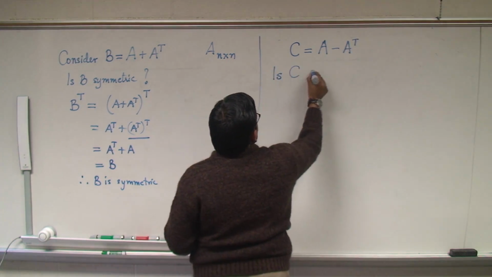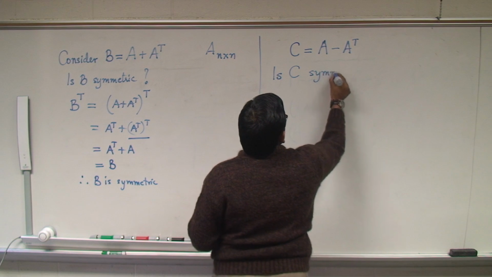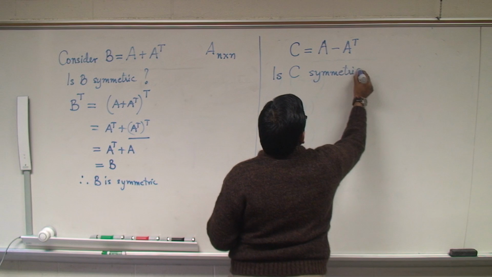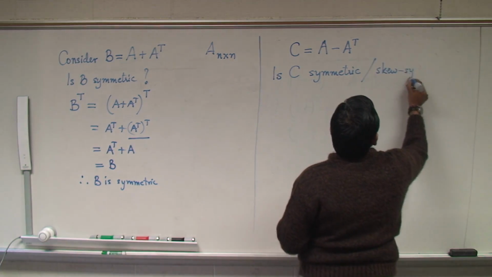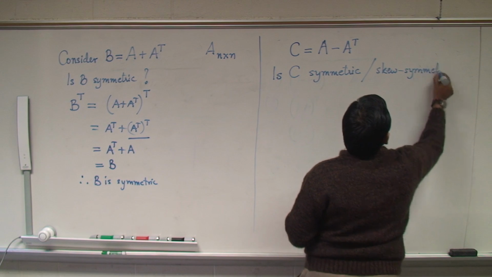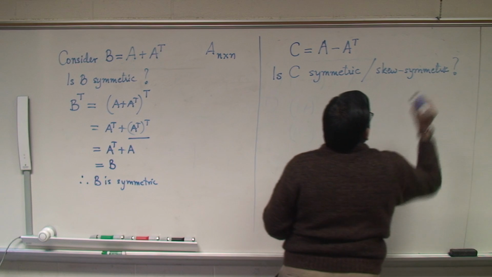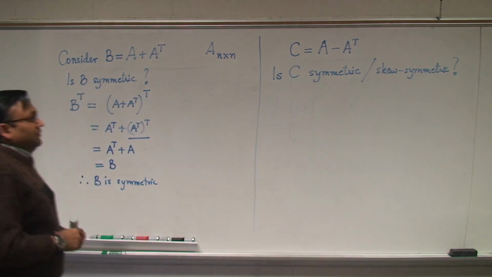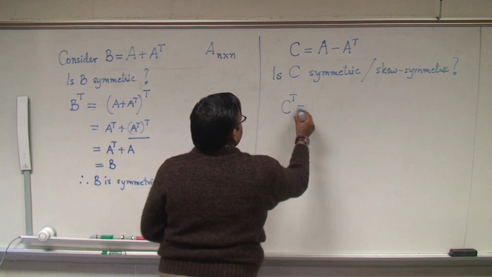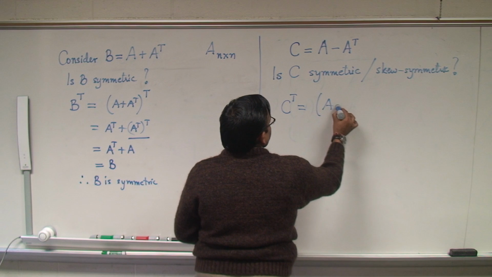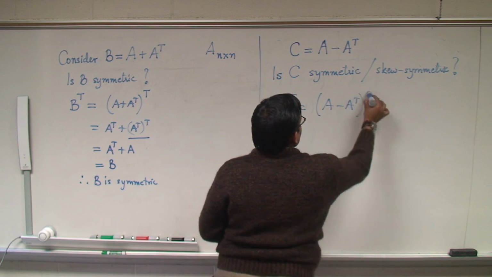Is C symmetric or skew symmetric? So let's try it again and see what happens to C transpose. C transpose will be A minus A transpose, whole transpose.